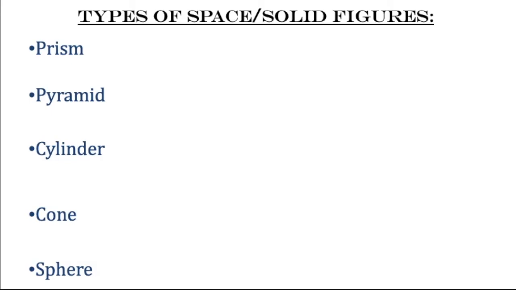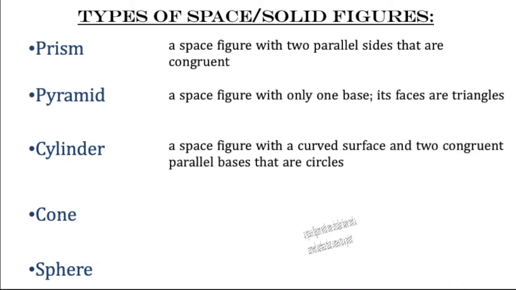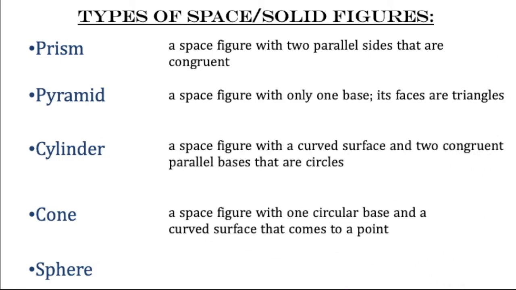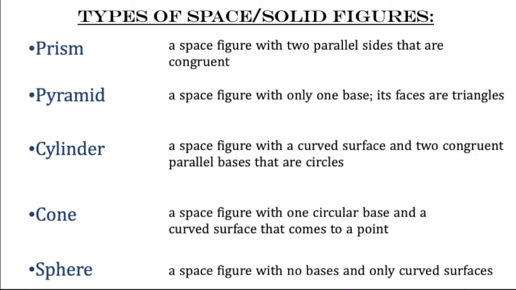Those are the typical three-dimensional objects or solid figures or space figures. And by definition, you can go through this on your own, but the assumption is we now know what these three-dimensional objects are.